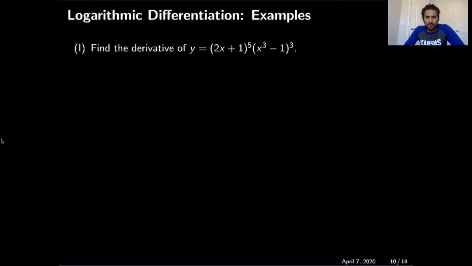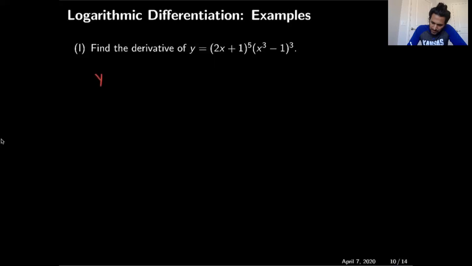But if we use logarithmic differentiation, you will see you have to do a lot less calculation than calculating the derivative directly using the product and chain rules. So we will avoid the product and chain rule and instead use the properties of the logarithmic function.